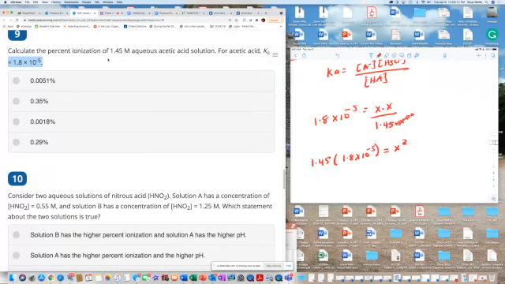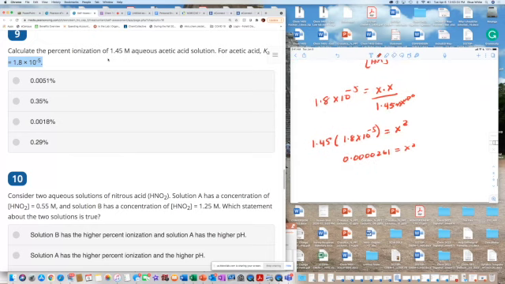So 1.45 times 1.8 exponent negative 5 to the right, close parentheses, and I end up with 0.0000261 equals x squared. Take the square root of that number and I get x equals 0.0051 molar.